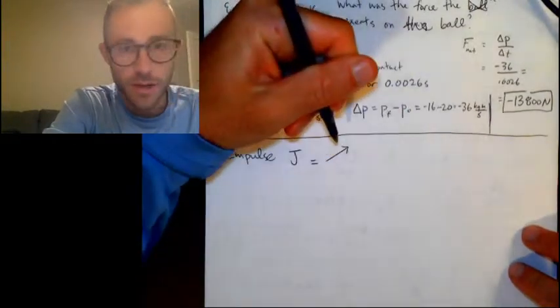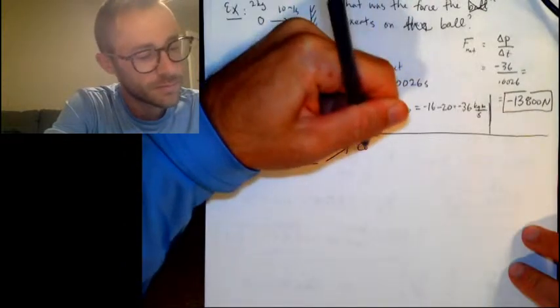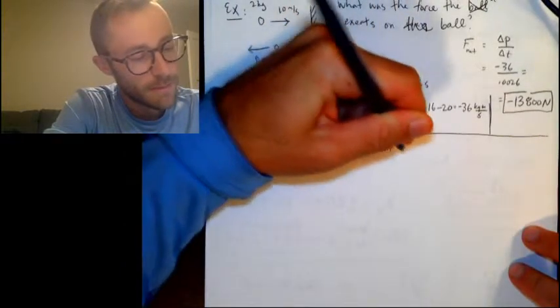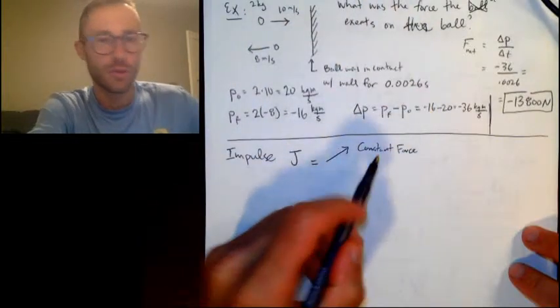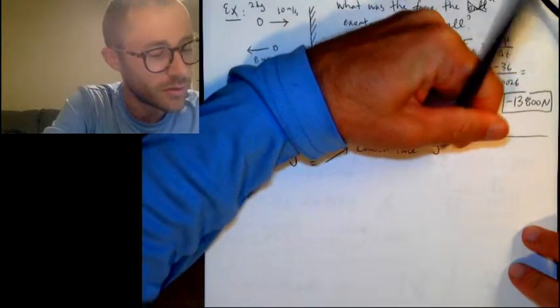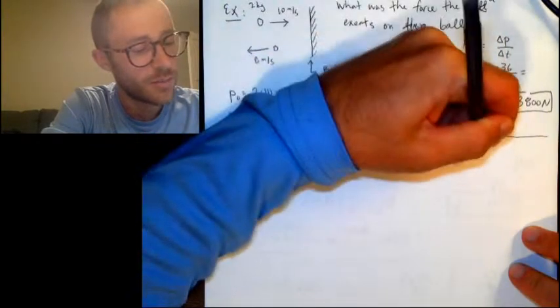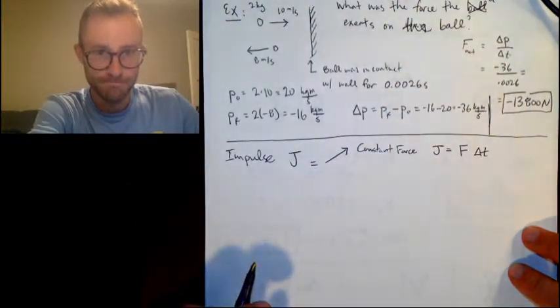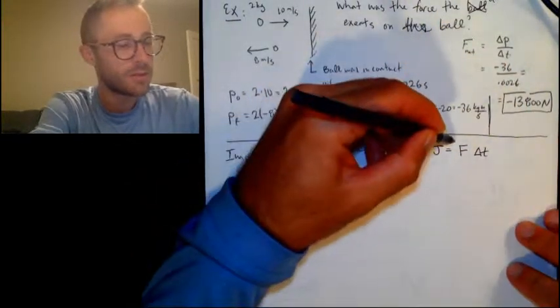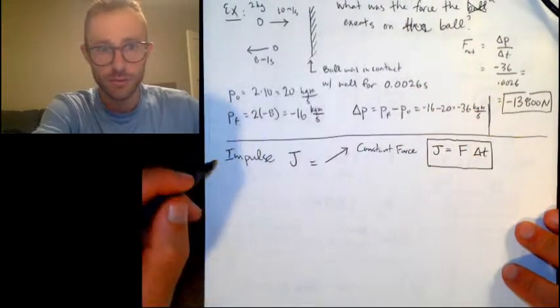So the first way is if you have a constant force. Okay, if you have a constant force, then the impulse is going to be the size of that force times the amount of time that that force acts for. Okay, so that is one way that you can calculate impulse.